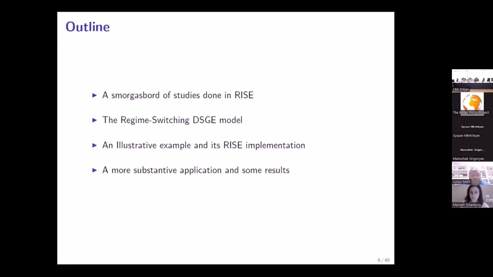Then, I don't take it for granted that everybody knows what a regime switching DSGE model is, so I'm going to talk a little bit about that. And then I'm going to have two applications, two examples so to speak. I'm still working on them. The first one is just going to be an illustrative example, and I'm just going to show the RISE implementation, and then I'm going to talk about a more substantive application. So that's kind of where we're going.